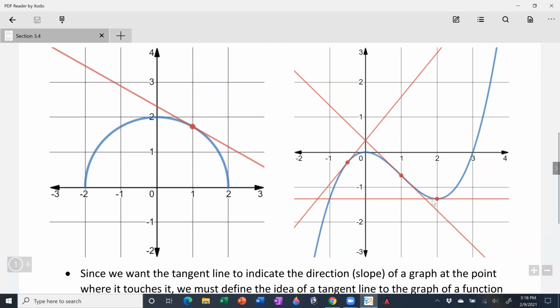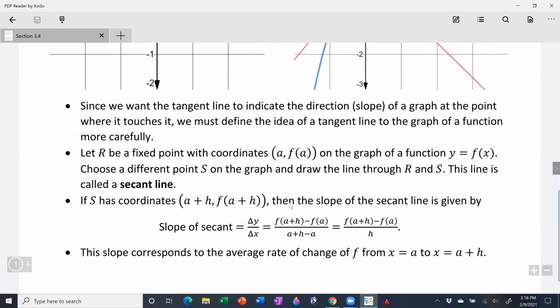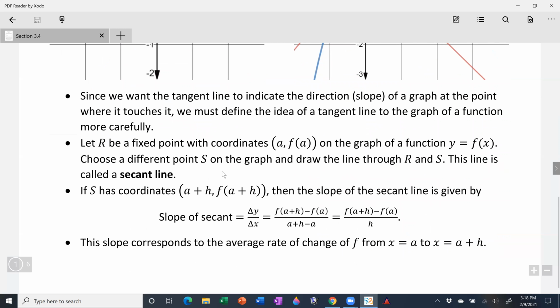And then this other tangent line over here at the bottom of this little dip looks pretty good, but this line comes over and intersects the graph in a different location. So we're going to have to be a little bit more specific about what we mean by a tangent line to any curve.